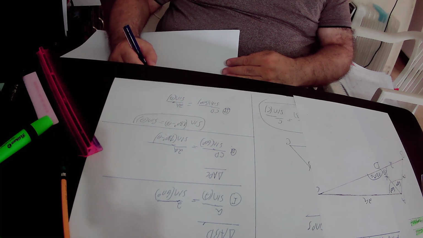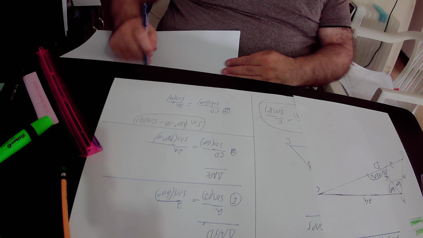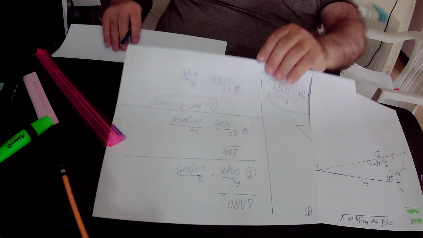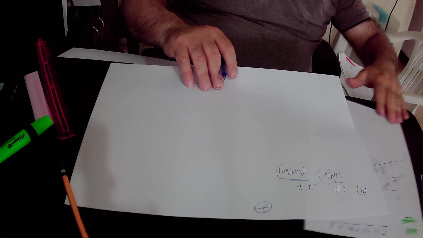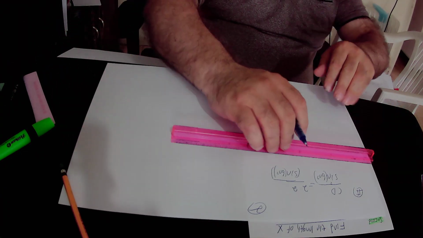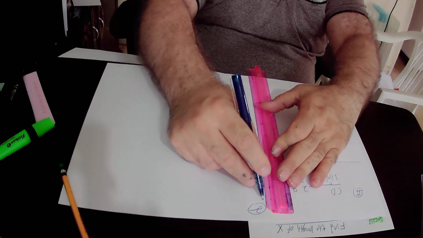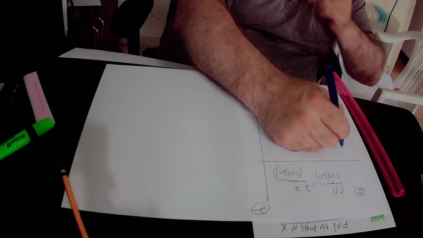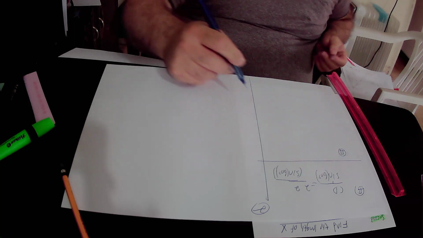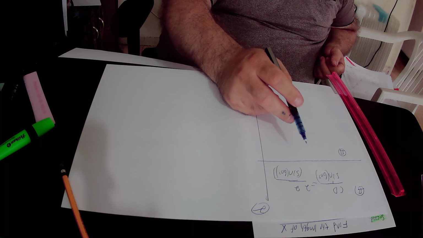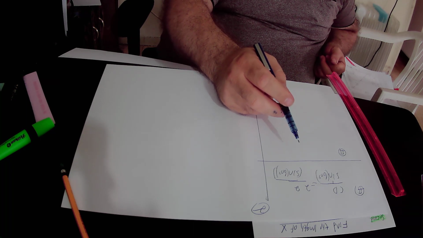So we substitute, and we found out that CD over sine of 60 degrees equals 2 times 2 over sine of 60 degrees.